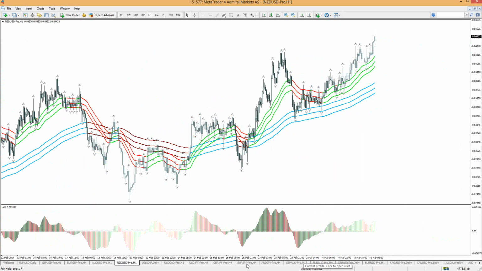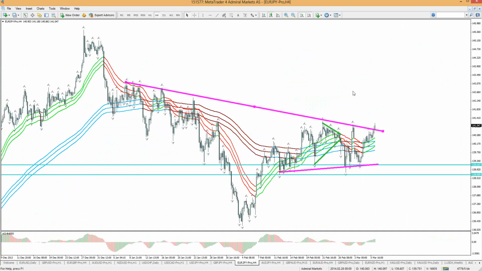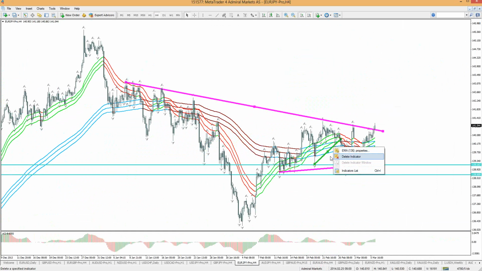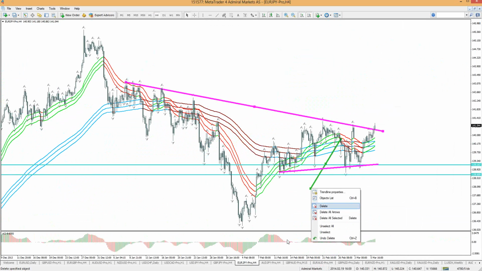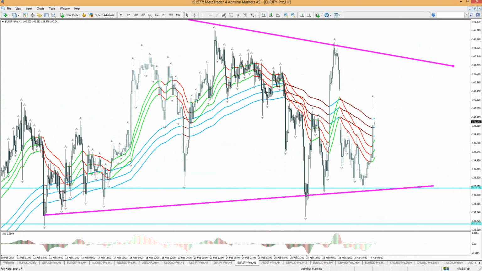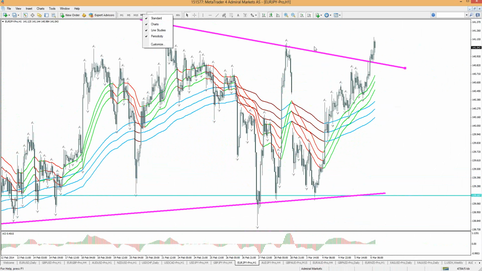Euro yen and pound yen are interesting because we are breaking above this triangle to the upside, so we could see maybe upside potential trades from now on up to maybe next week on this euro yen. Pound yen is doing the same, so we're getting some breakout trades to the upside. Now, personally, I would be looking for pullbacks within this uptrend. So what I'll be looking for is a pullback on the hourly. First of all, I want to see how this breaks, and then if it breaks something decently, then I would like to see pullbacks to the moving averages.